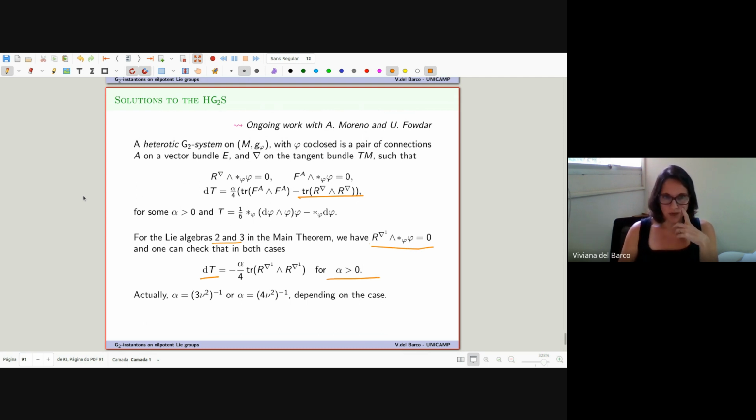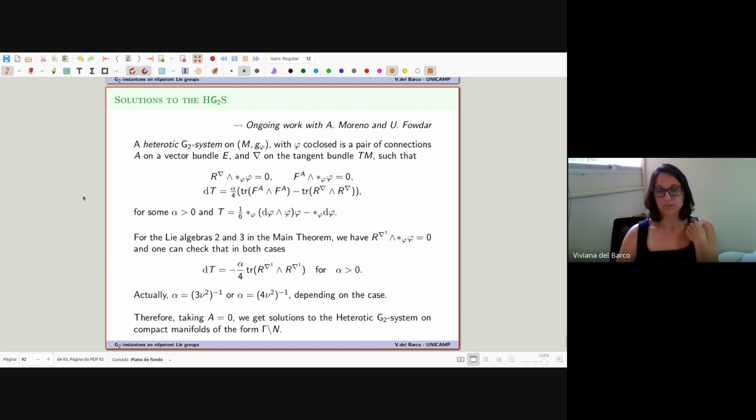Actually, you can compute alpha, and these are the values depending on the case. So this tells you that for our G2 instantons, you can take A equal to 0, and then of course it is an instanton, but also the Bianchi identity is satisfied because of this.